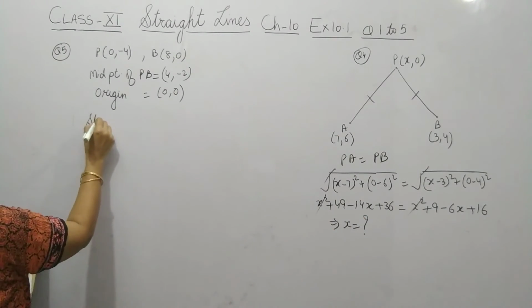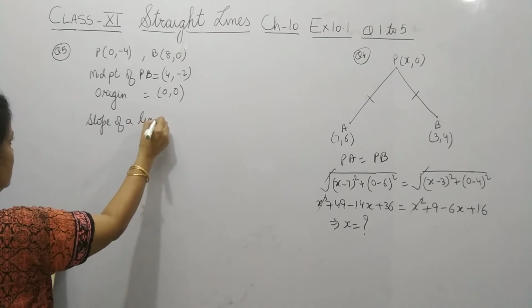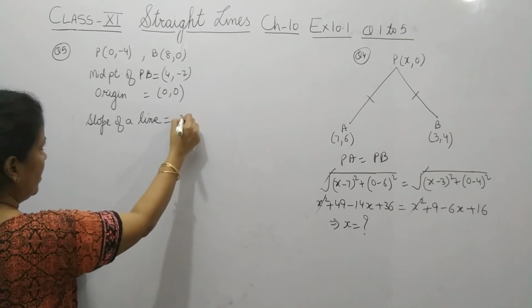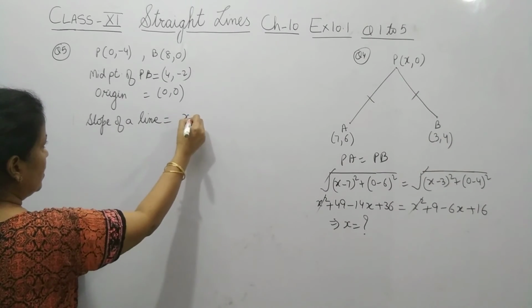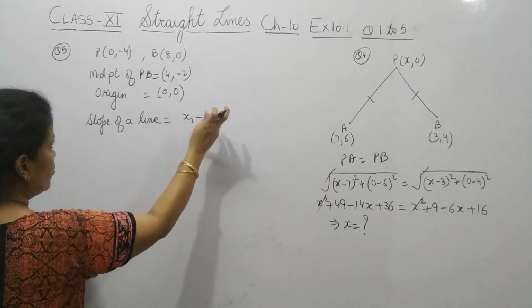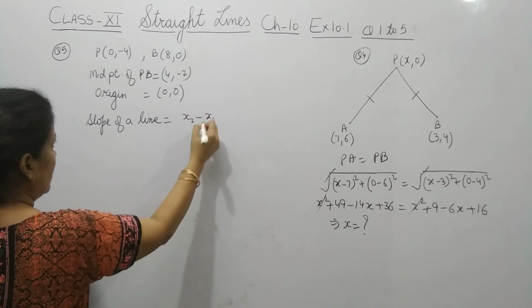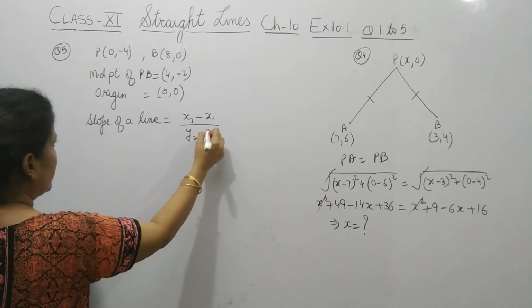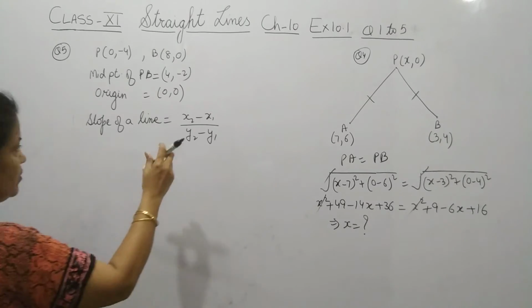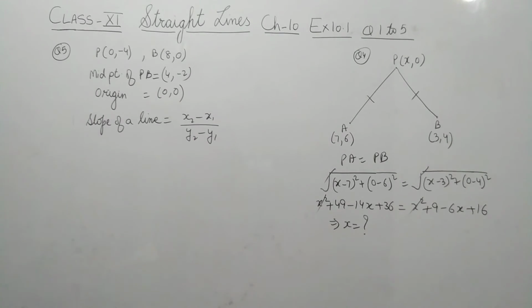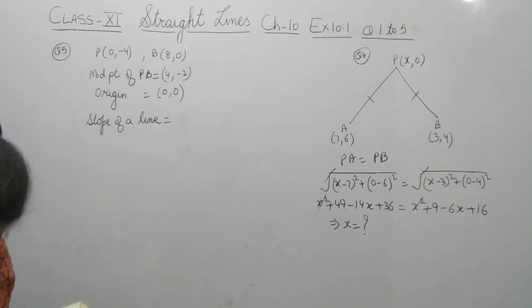So slope of a line, if two coordinates are given, then what should it be? Sorry, I have written it wrong here.